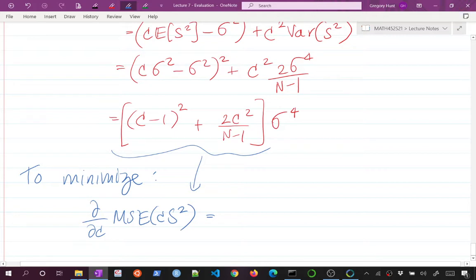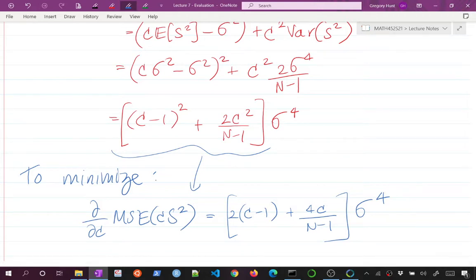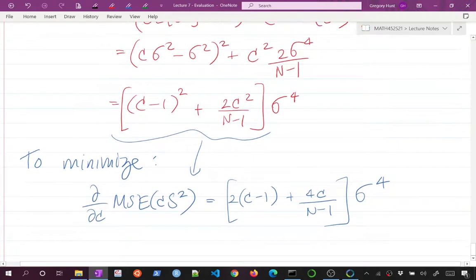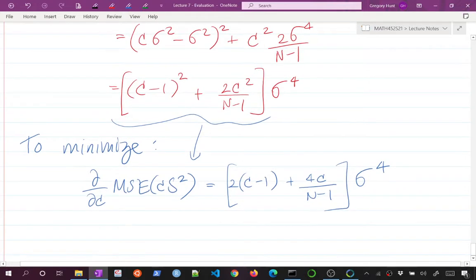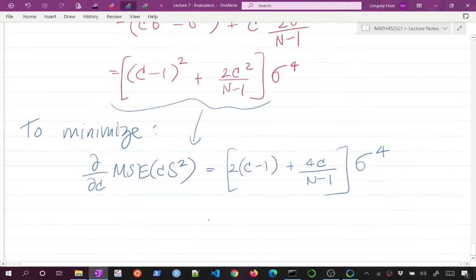What do we get? 2 times c minus 1, that's the derivative of the first part, plus 4c over n minus 1, and then the constant sigma to the 4th is unchanged as a derivative.